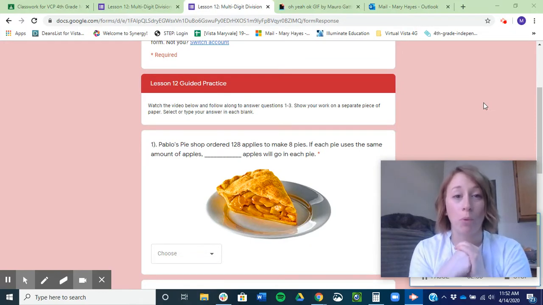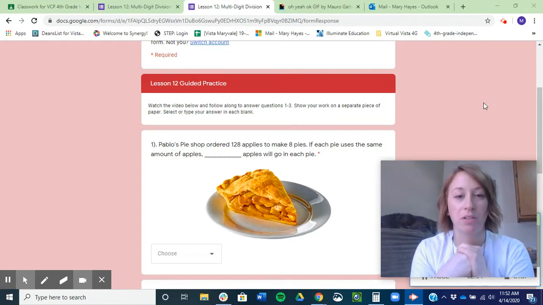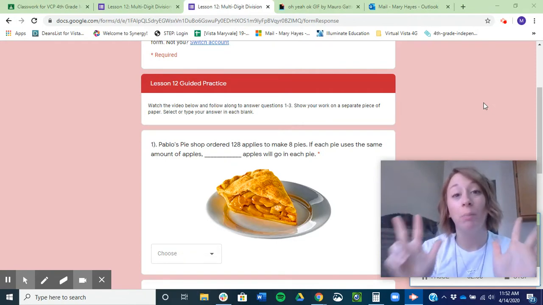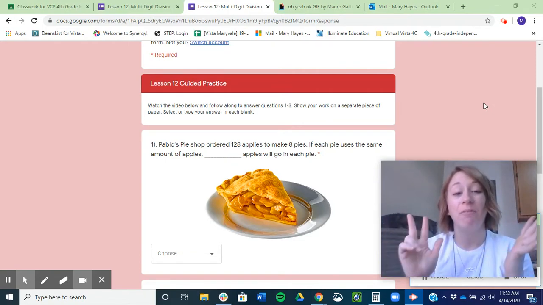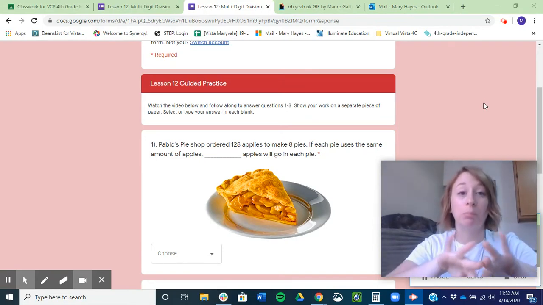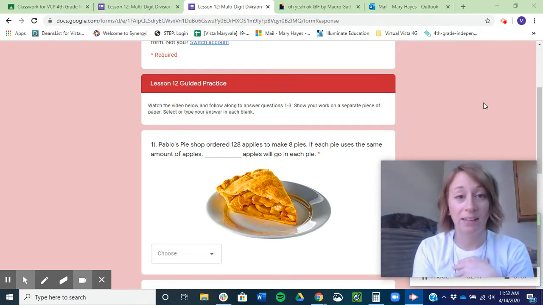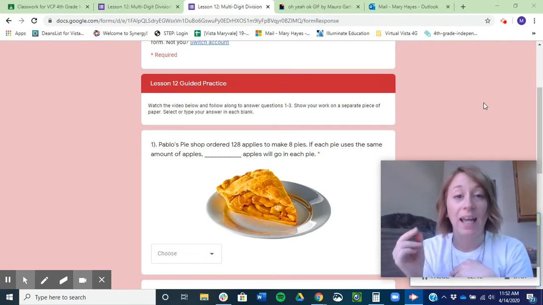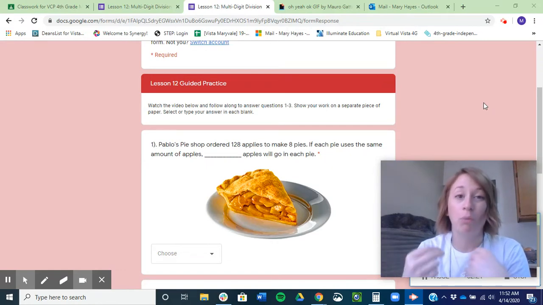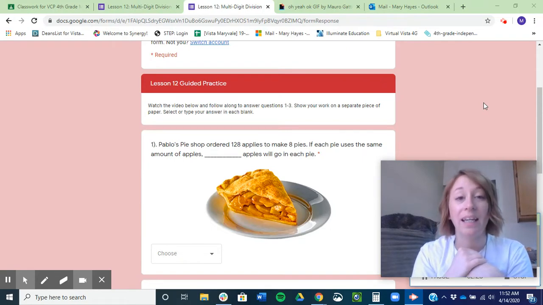Pablo's Pie Shop ordered exactly 128 apples for 8 pies. And if Pablo is taking 128 apples and splitting them into all of the pies, and more specifically, 8 pies, well, there's going to be less than 128 apples in each pie.